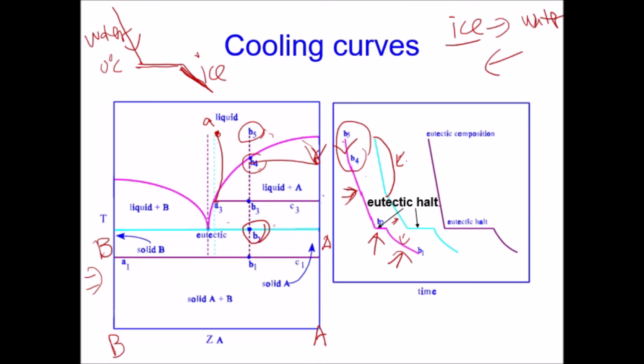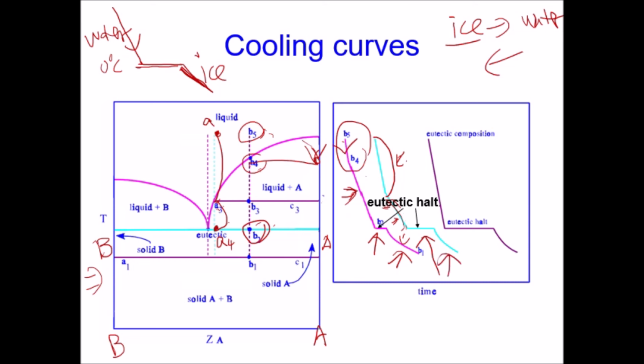From A3 until this point, let's say A4, you have a different slope. Because A3 to A4 is a short line, only a small amount of A freezes, and therefore more A remains in the solution, so you see a longer eutectic halt because you need more time to freeze A and B into solids. And then solid cooling here.